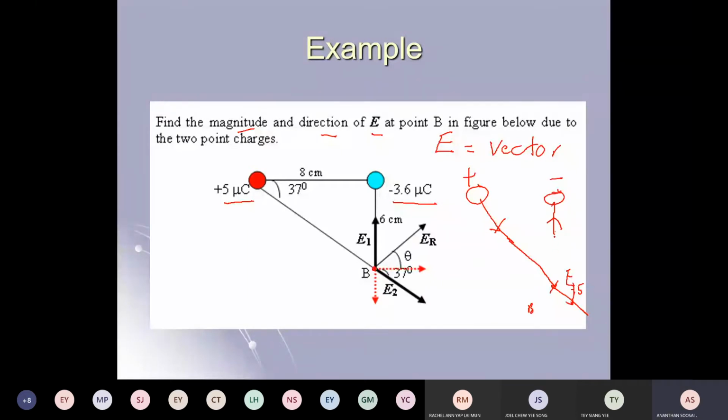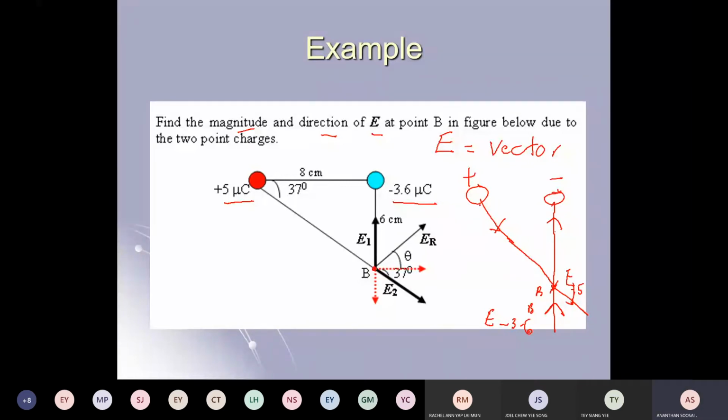If you draw the line here, the field goes inward to the negative, which means it acts upwards. So the field caused by the negative 3.6 is acting vertically upwards at point B, because it goes towards the negative charge.